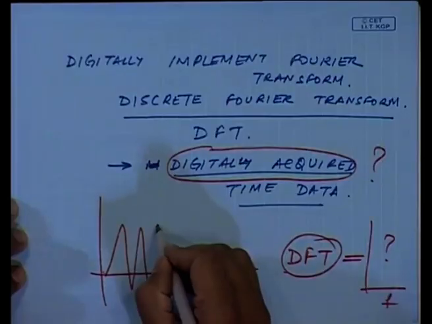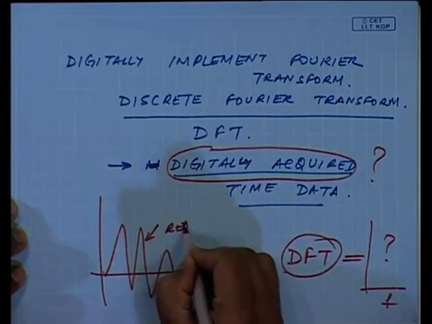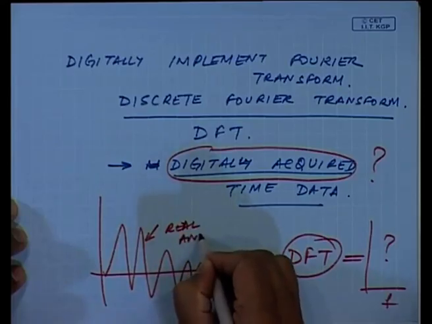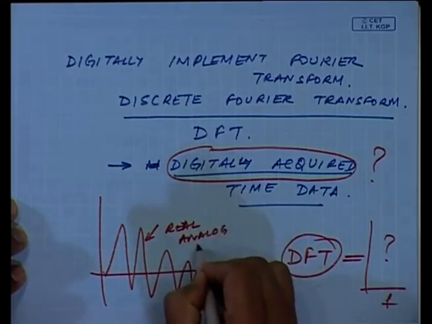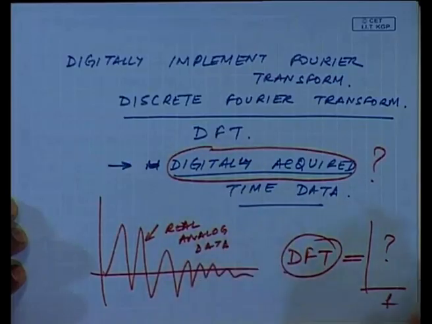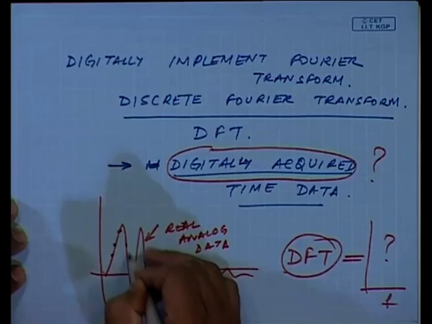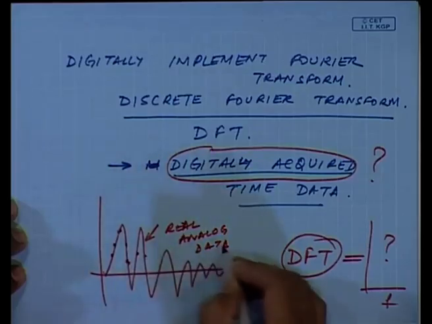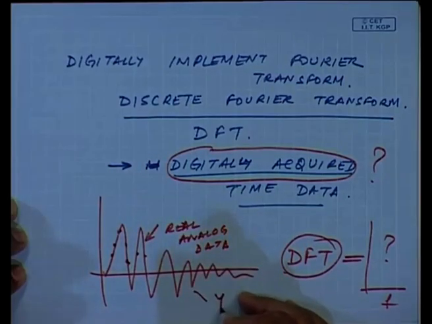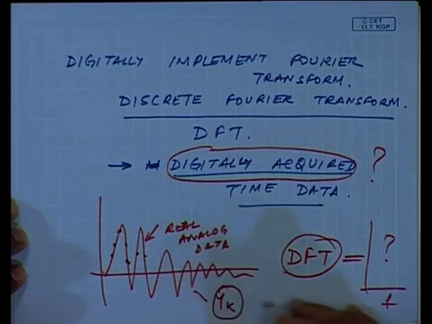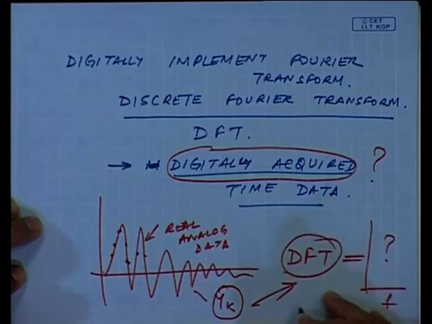Data has to be acquired by a computer, converted from analog to digital sample data. This is a real analog data. I have to digitally sample them, so that this digital data y_k can be put in the DFT algorithm to get the Fourier spectrum.